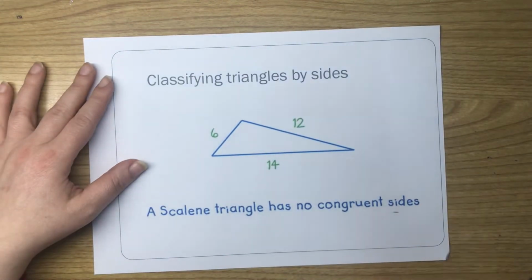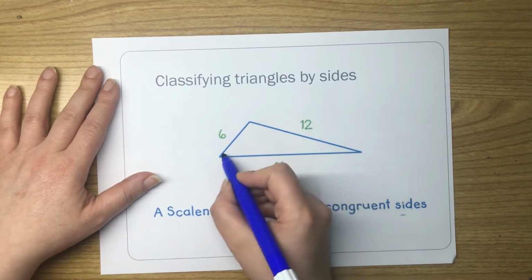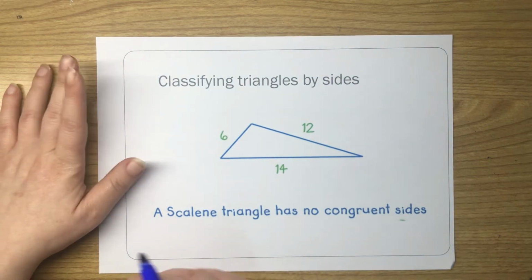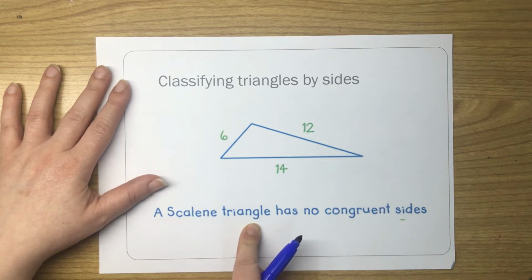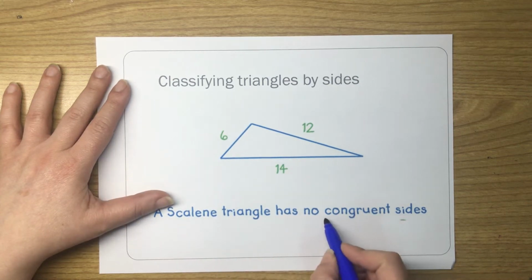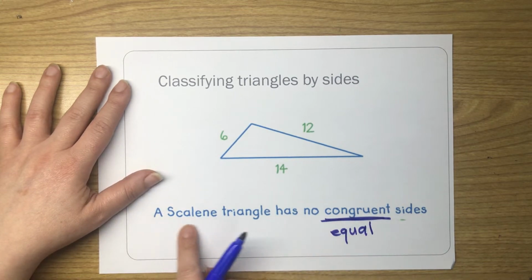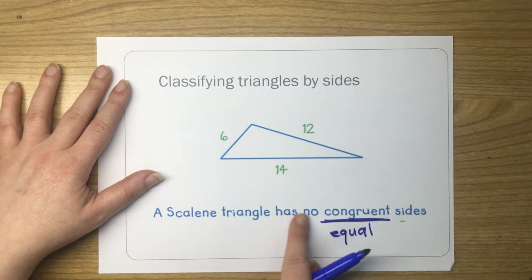Now, the second way of classifying triangles is by looking at the lengths of each side. So, in this triangle, I can see it has 3 different lengths. Any triangle that has 3 different lengths is called a scalene triangle. It has no congruent sides. Congruent means equal. So a scalene triangle has no equal sides.